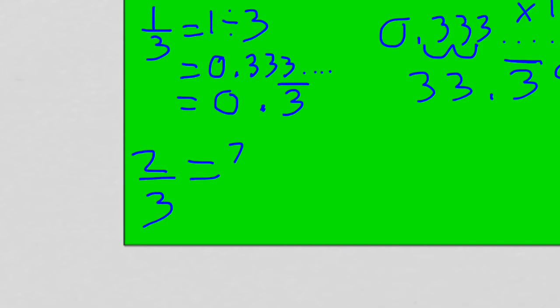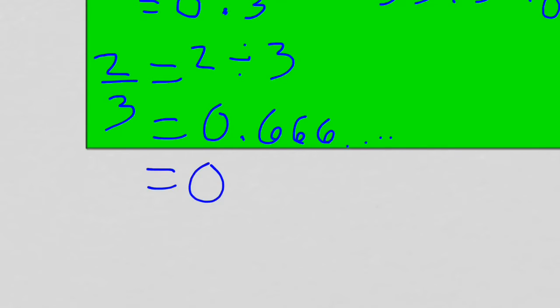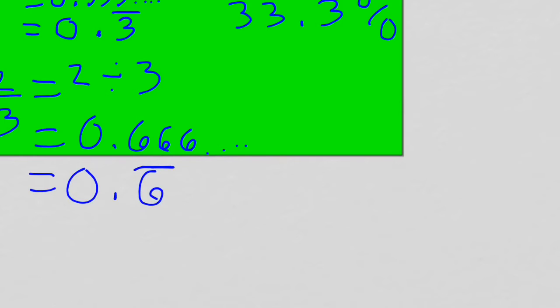2/3, think of that as 2 divided by 3. And that works out to 0.6 repeating, or with bar notation, 0.6 with a bar on top. And same thing with the percentage.